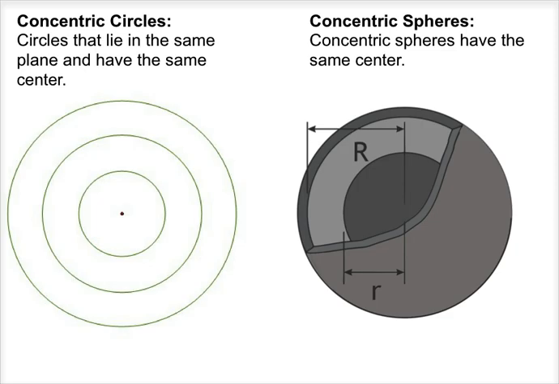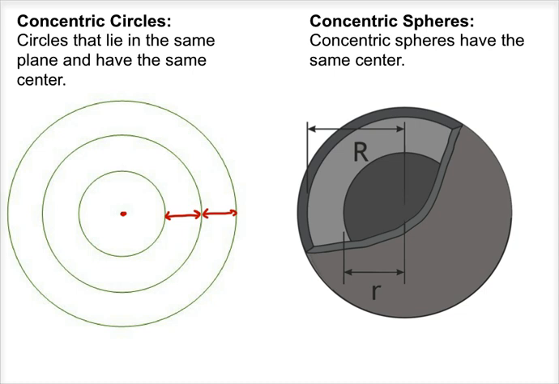Concentric circles: circles that lie in the same plane and have the same center. The most important part is they're sharing the same center and they're all in the same plane. I always think of it as rings for a bullseye. The one thing that's sort of deceptive about this picture is it looks like the distance between each of these rings is the same. That doesn't have to be the case for concentric circles.